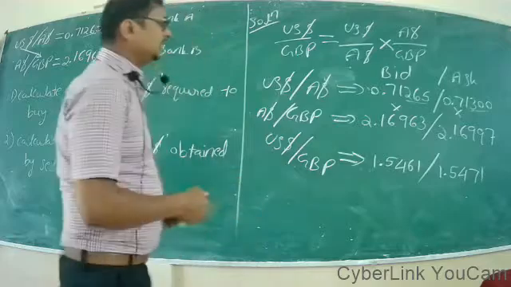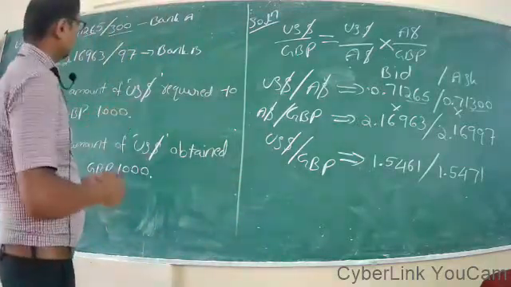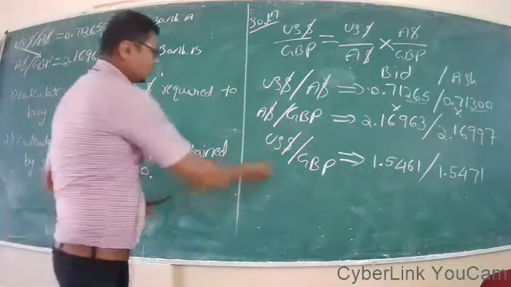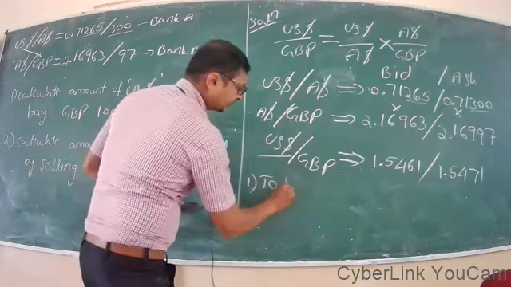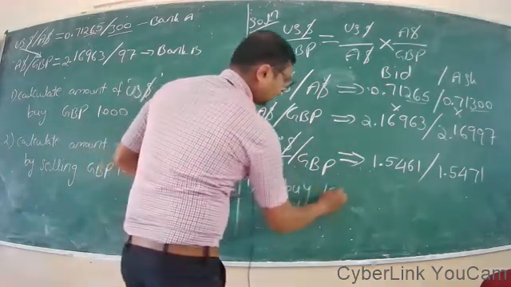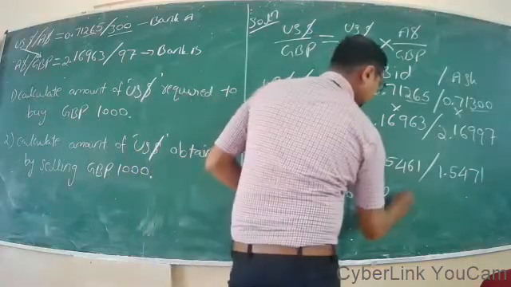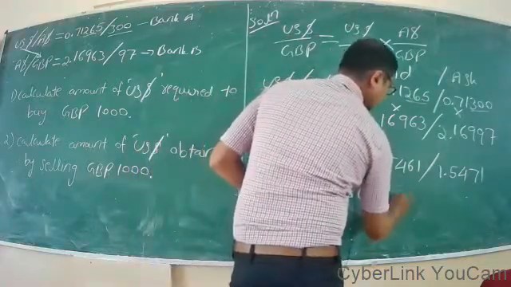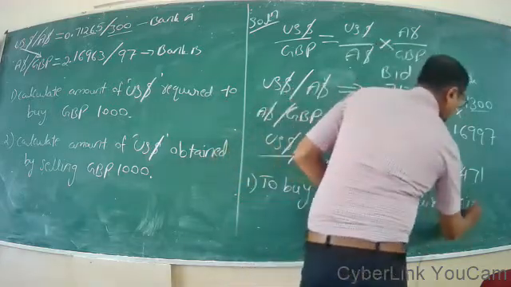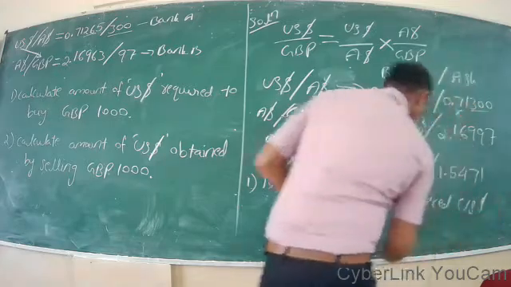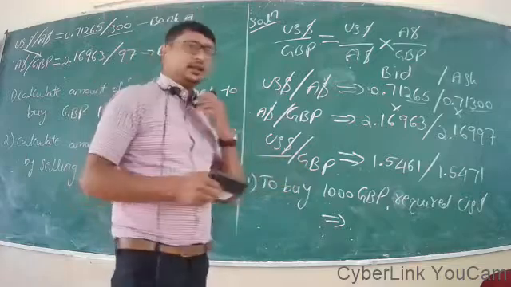Now the question they are asking is, question number 1, calculate the amount of US dollar required to buy 1000 GBP. So now we are buying the sterling pound.